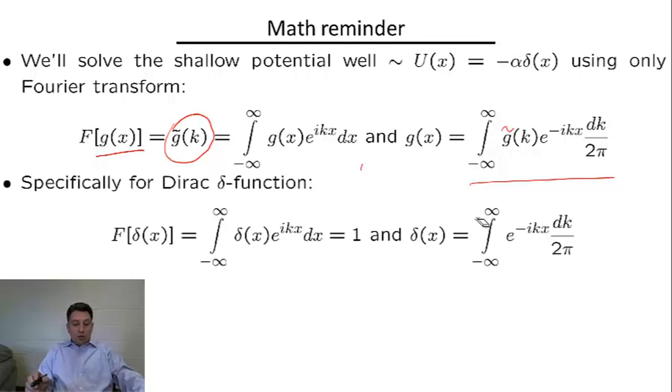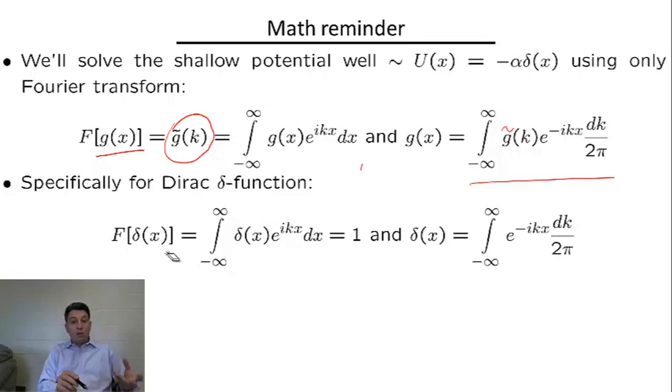Now, perhaps the simplest example of a Fourier transform is the Fourier transform of the delta function. We know that the delta function, when integrated in infinite limits, just picks the value of the function it's being integrated with at x equals 0. So if we integrate delta of x with e to the power ikx from minus infinity to plus infinity, we simply get 1, because e to the power 0 is equal to 1.